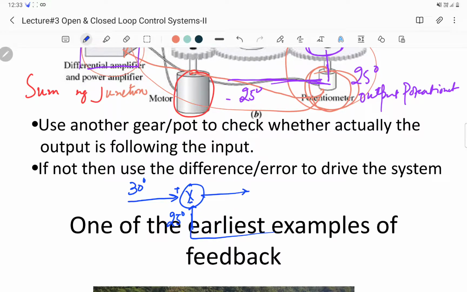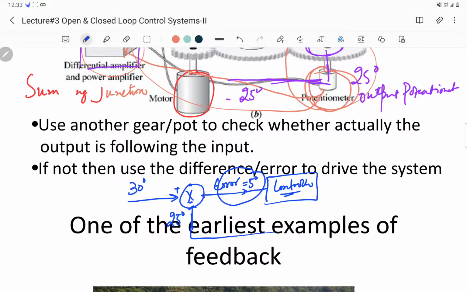So the difference of the two, which I said is the error, an error of 5 degrees gets generated, which is eventually being given to the controller. So the controller gets to know that there is an error, and it has to process it, so that it has to move it by another 5 degrees. So it will send a message to the motor that the motor has to rotate by another 5 degrees.